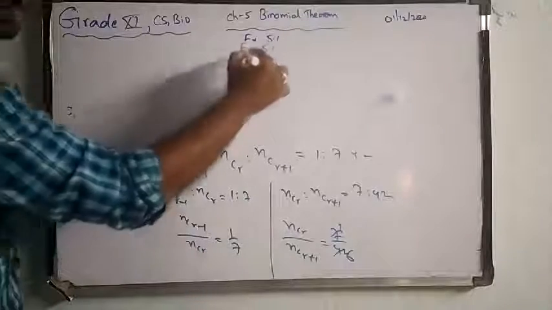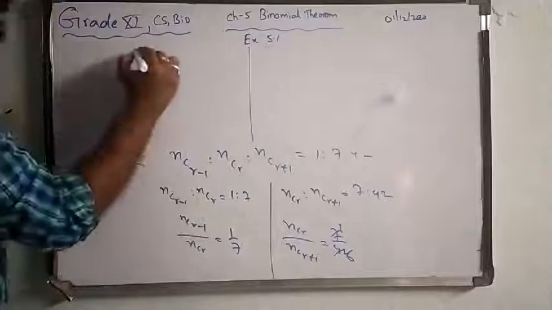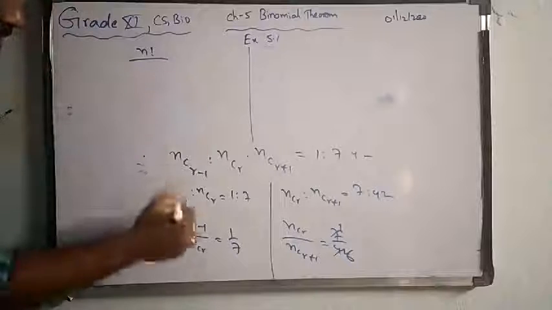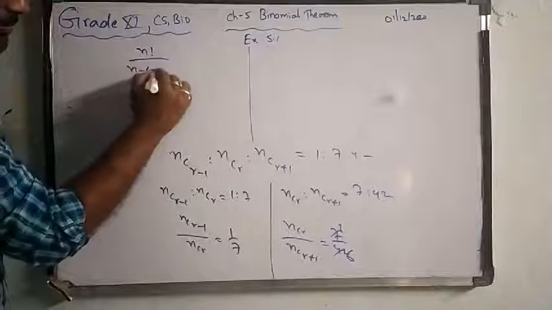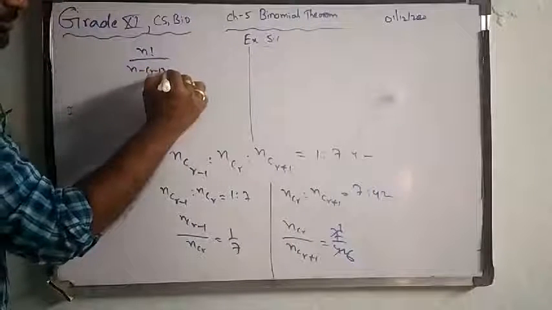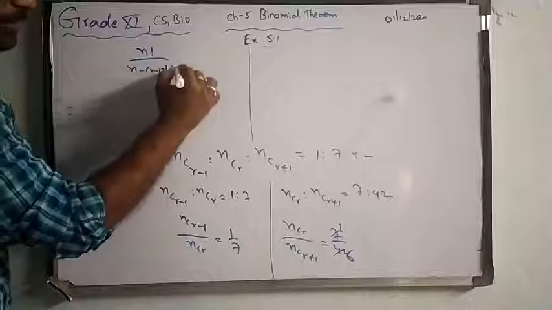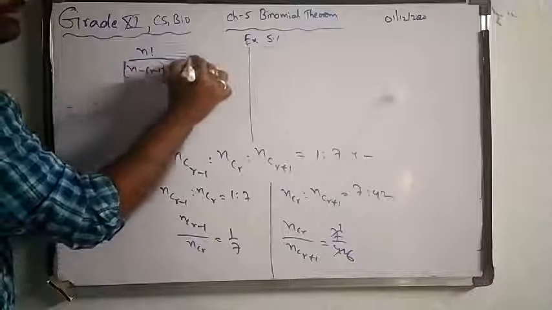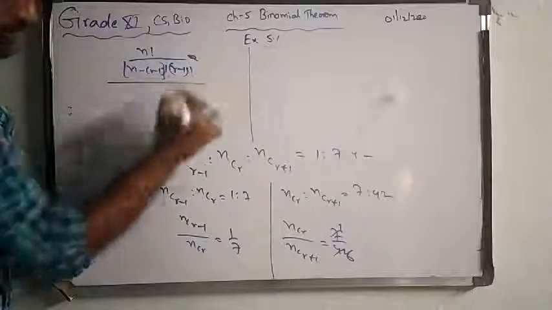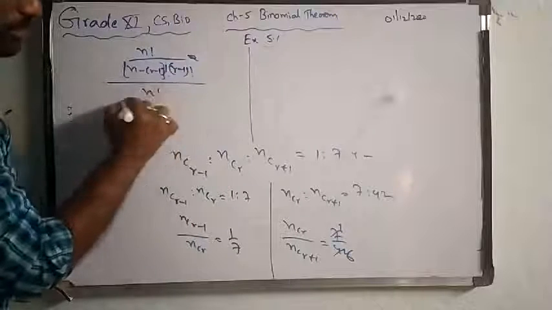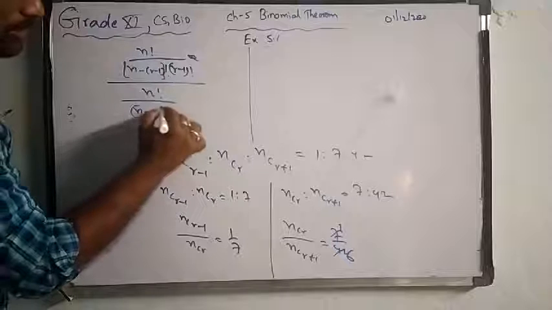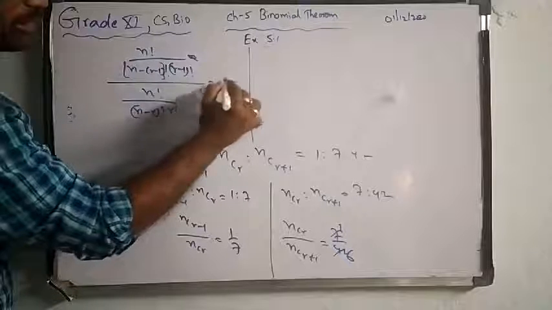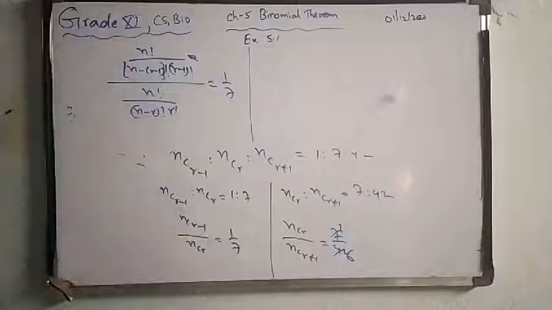This can be written as n factorial by (n minus r minus 1) factorial into (r minus 1) factorial, by n factorial by (n minus r) factorial into r factorial, is equal to 1/7.